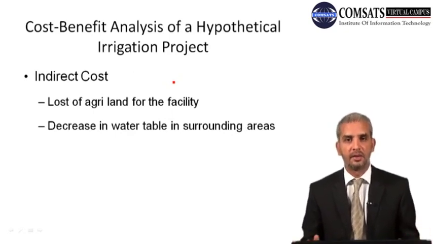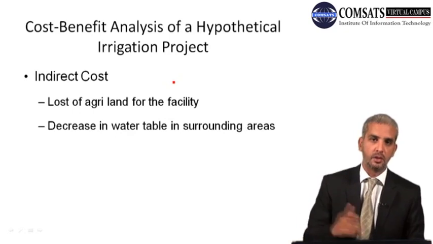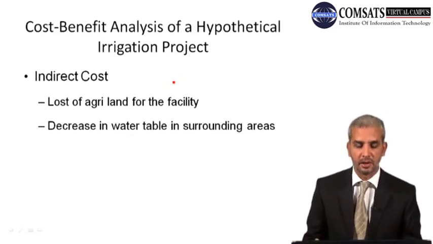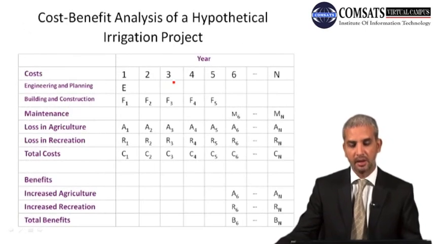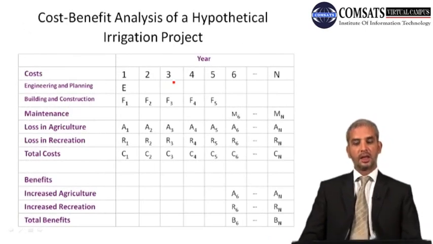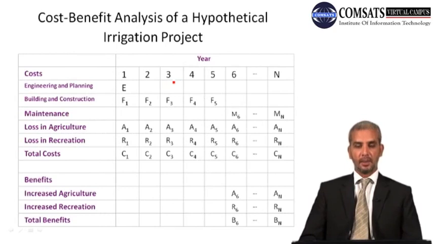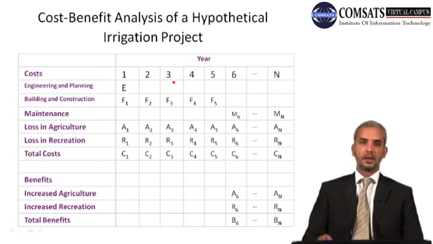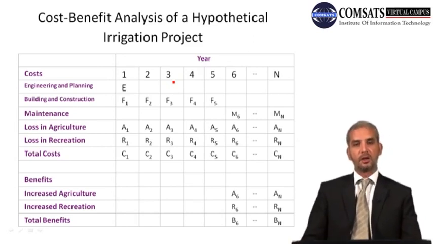So that needs to be included in terms of indirect benefits. Now, it is very important, as I said, to include all the direct and indirect costs and benefits, so that an authenticated evaluation of the project can be conducted.